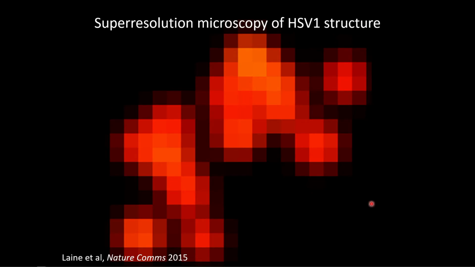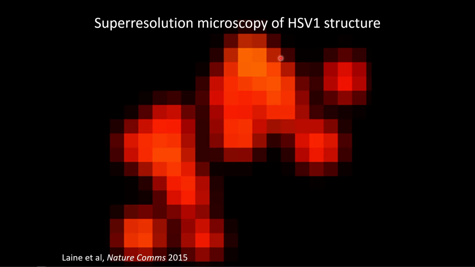Here are again images from work that we did on imaging viruses, which is obviously something that's now of interest to many of us. These were images of virus particles, HSV1, the herpes simplex virus. Not quite as dangerous as the one that we're all concerned about at the moment, but nevertheless a nuisance.